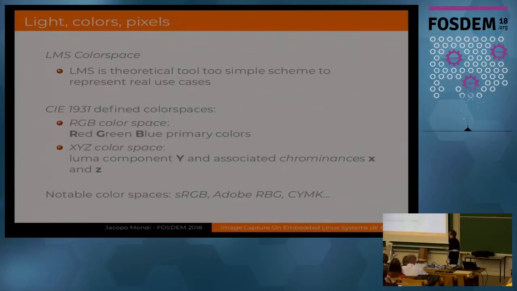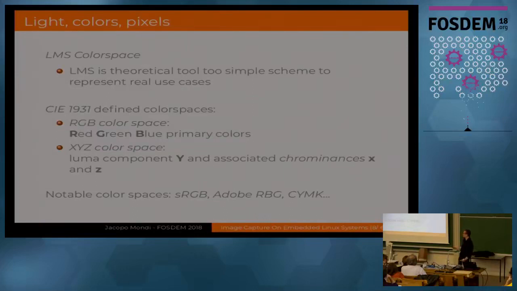So in 1931, a committee, the CIE, ran an experiment with 18 people, which is not a huge number, and defined what is called a color space, not the proper mathematical definition of color space, which led to the definition of the two main color spaces that are used today, which are the RGB color space and the XYZ color space. RGB uses primary colors to define all the other possible colors, while XYZ uses luma components and chrominances.